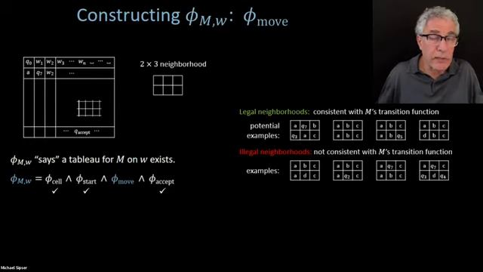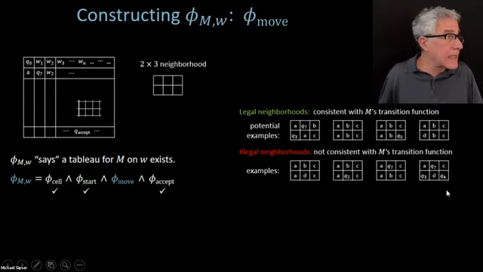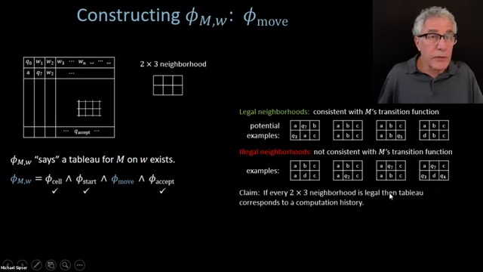Those are multiple threads. And I say this because if you think about my claim, which I'm going to put down over here, that if every 2x3 neighborhood is legal, then the tableau overall corresponds to a computation history. This illustrates why it's not enough to have a 2x2 neighborhood, where you really need the 2x3.